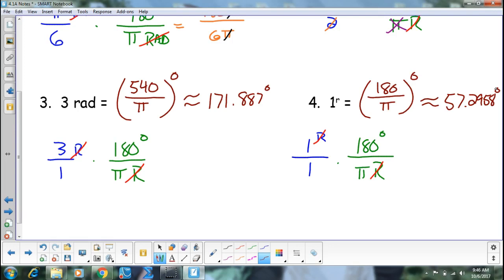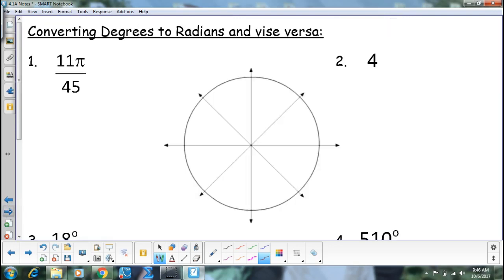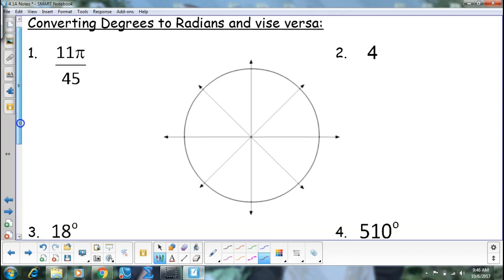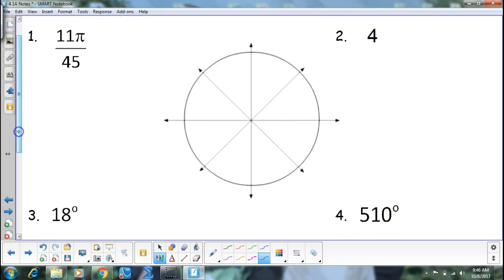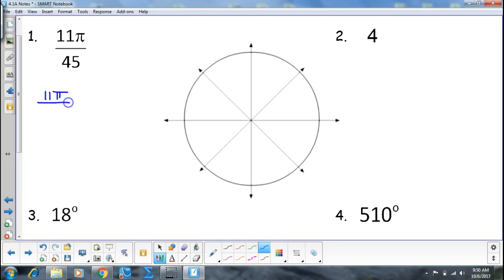Okay. So, converting to and fro. There are 4 of them. I would like you to convert them to the other one, given what they're in. All right, so 11 pi over 45. So that would be 11 pi over 45 times.